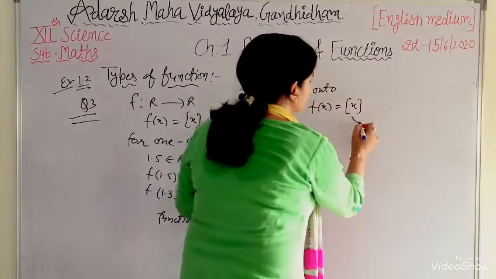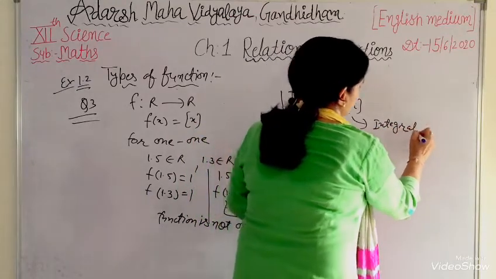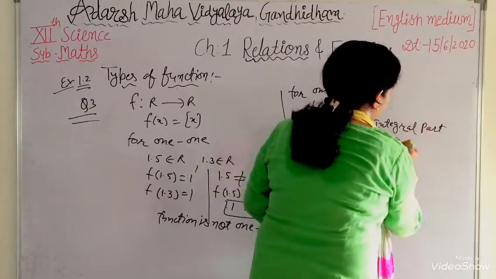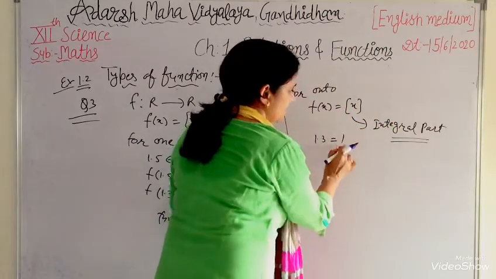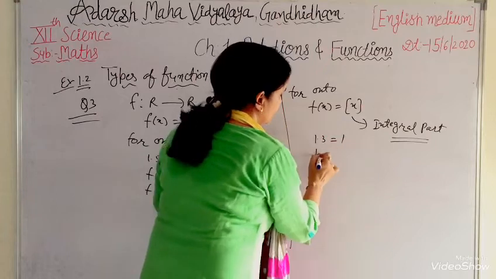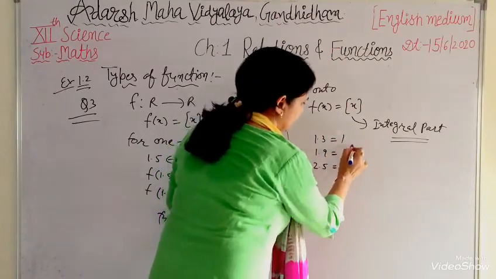So it is always the integral part of a number. It means the integral part of 1.3 is 1, the integral part of 1.9 is 1, the integral part of 2.5 is 2.